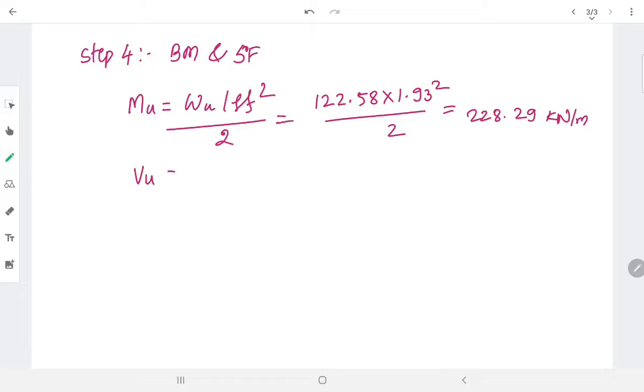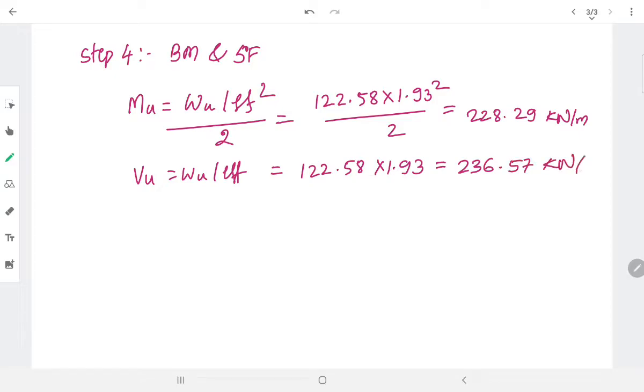And Vu is equal to Wu into L effective, which is 122.58 into 1.93, equal to 236.57 kilonewton.